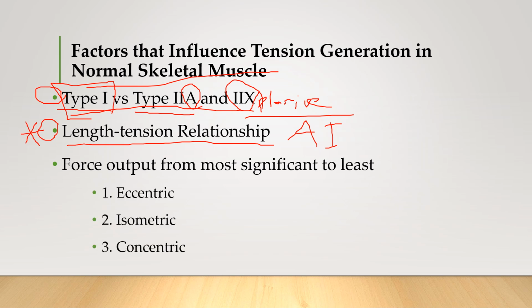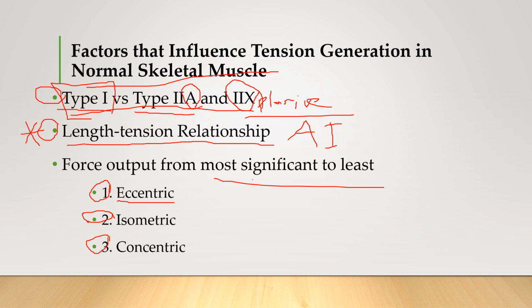Okay, now let's talk about this force output from most significant to least. So we're talking about different types of muscle contractions here. The first one would be eccentric. We're going to produce a lot of tension force output with these eccentric movements. Then we get into isometric, and then finally at the very end is concentric. And this is usually pretty surprising to people.